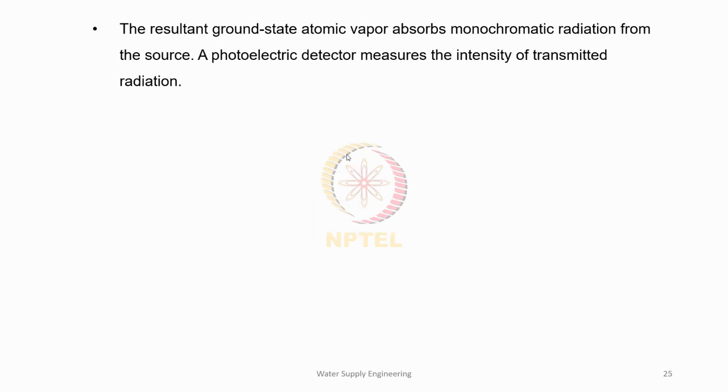The resultant ground state atomic vapor will absorb the monochromatic radiation, and then the amount of monochromatic radiation absorbed or transmitted will be detected by a photoelectric detector.